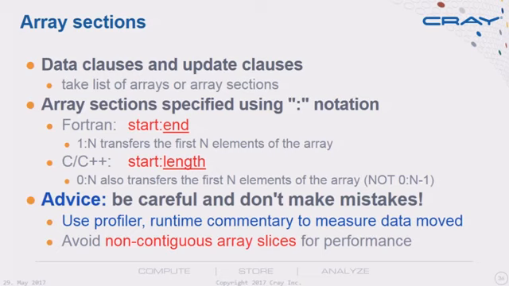So we say array A, bracket from 0 to the 10th element, while in C, we define a start and the length. In that example, it would be different: it would be 0 and 11, going to the 10th element.